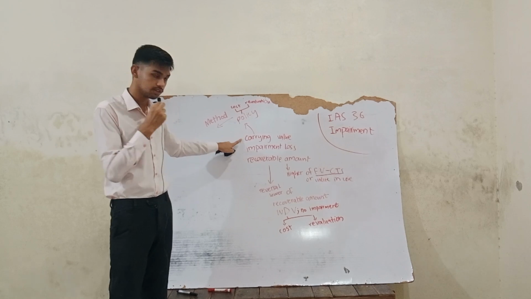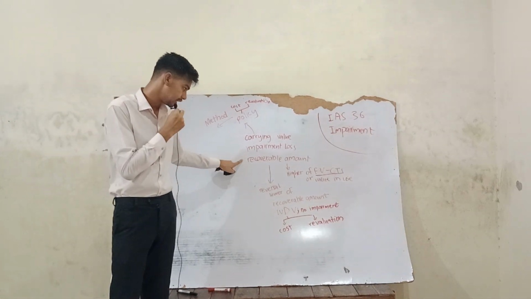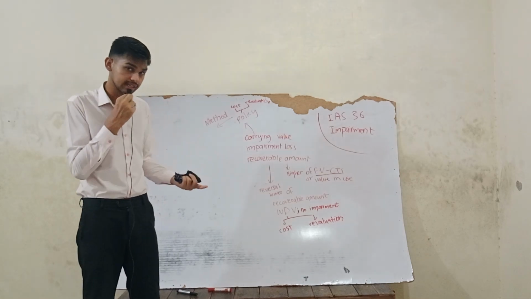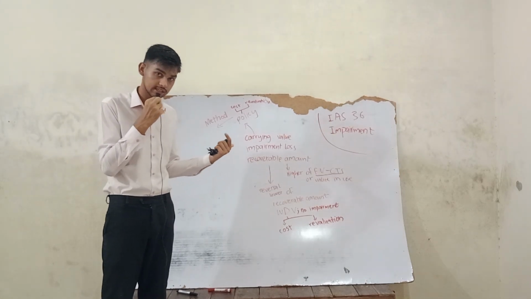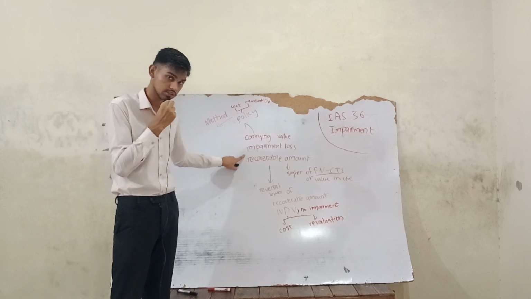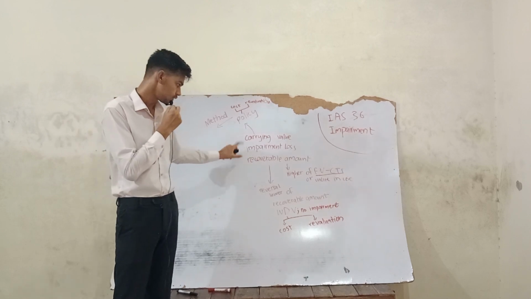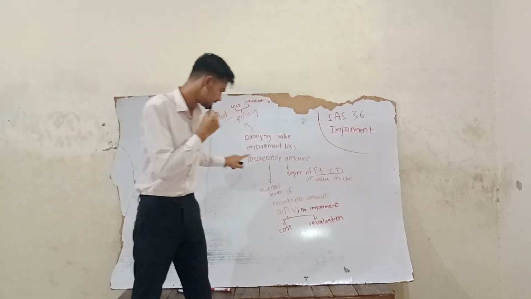But if this value is higher and this recoverable amount is lower, it indicates that the company cannot get the value which they are using inside the business by considering this value. And we made these changes to find this value.